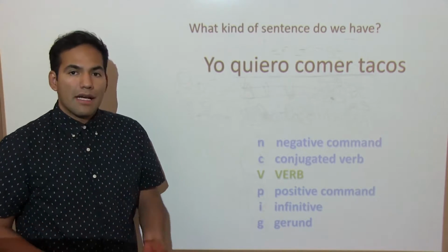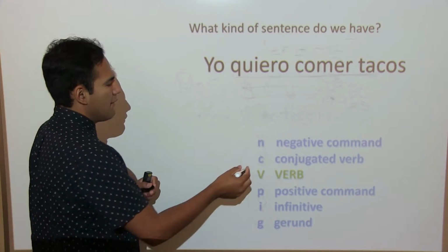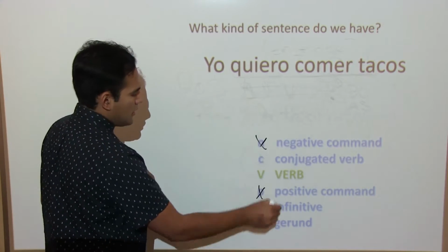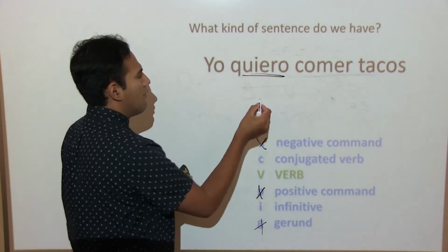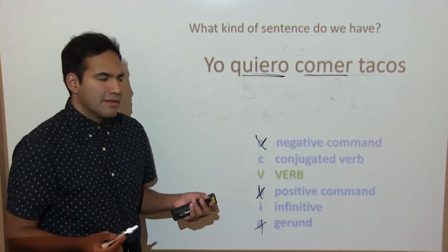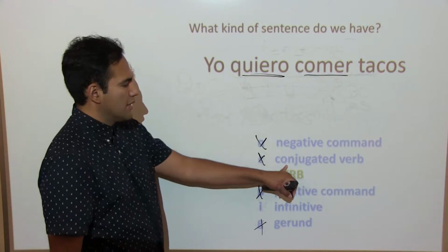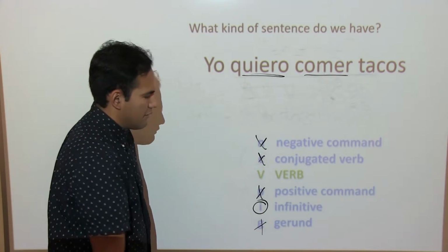Yo quiero comer tacos. Okay, so let's find out what type of sentence we have. We don't have a negative command. We don't have a positive command. There's no gerund. There's a conjugated verb, but we have another verb. So when you have two verbs and one is conjugated and the other one is not, you're gonna go with the infinitive.